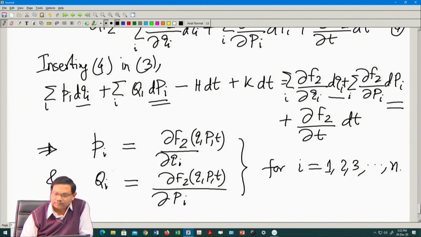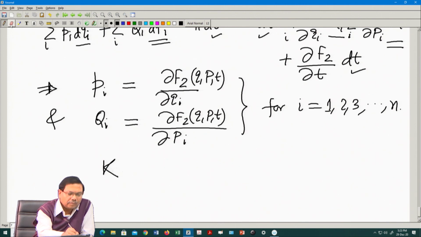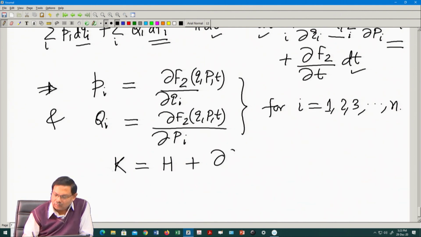And what about the new Hamiltonian? So, if we take the coefficients of dt on both sides, H goes to the other side. So, we get K, which is the new Hamiltonian, K is my new Hamiltonian, this is the old Hamiltonian, okay, plus ∂F2/∂t.